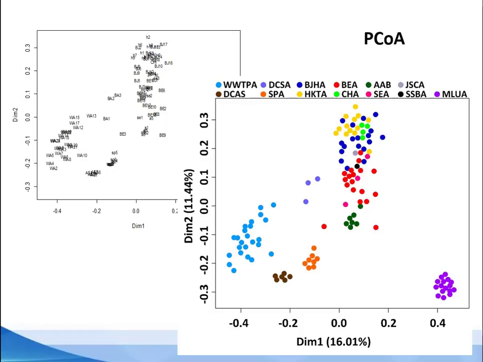I think the reason may be that principal coordinate analysis is also one of the classical methods of multidimensional scaling, so they showed similar results.